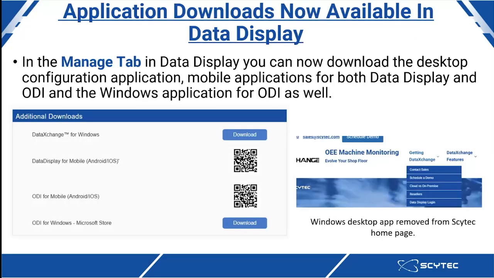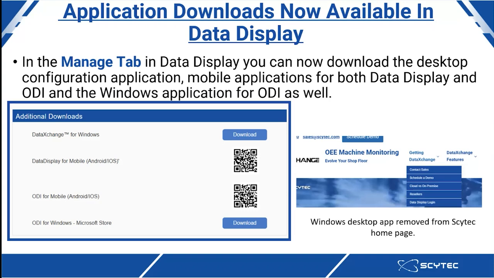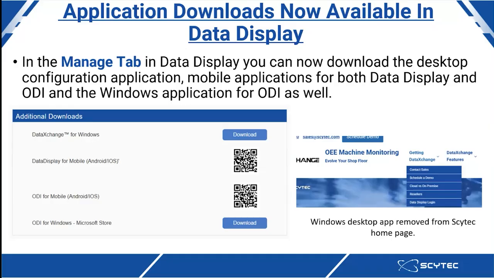As I mentioned earlier, the application downloads are also now available in Data Display, which you can access via the Manage tab. In the Manage tab in Data Display, you can now download the desktop configuration applications, the mobile applications for both Data Display and ODI, as well as the Windows application for ODI. And as I said, when we add something to Data Display, it is typically removed from the desktop application.